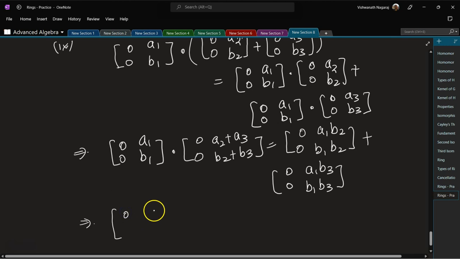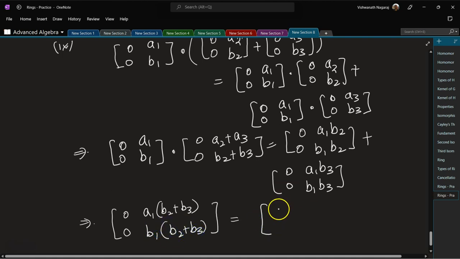Now let's multiply these two: [0, 0; A1 times (B2 plus B3), B1 times (B2 plus B3)] is equal to, now let's add up the right side: [0, 0; A1 B2 plus A1 B3, B1 B2 plus B1 B3].